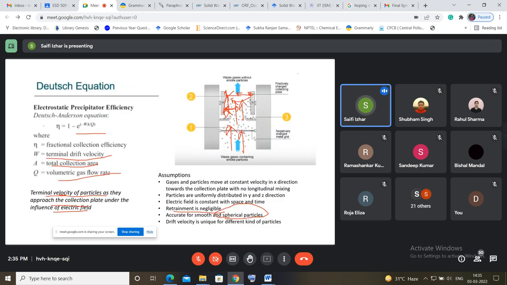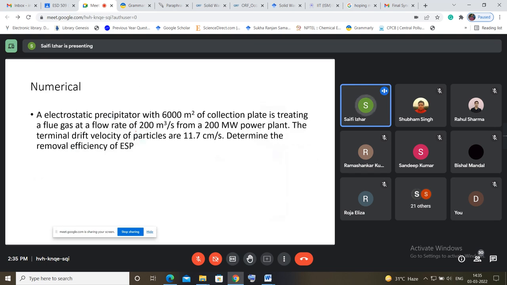You need to compute what the question says. An electrostatic precipitator with 1000 meter square of collection plate is treating a flue gas at a flow rate of 200 meter cube per second from a 200 megawatt power plant. The terminal drift velocity of particle is 11.7 centimeter per second. Determine the removal efficiency of the electrostatic precipitator.